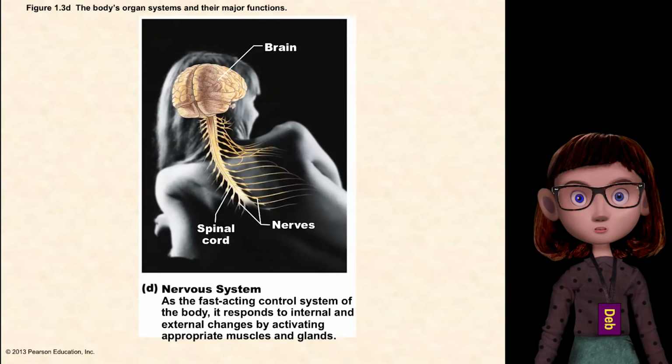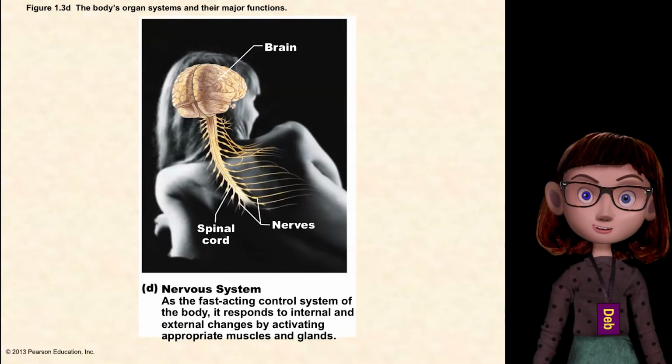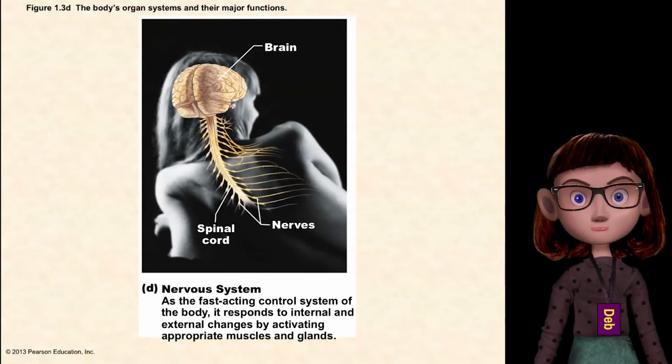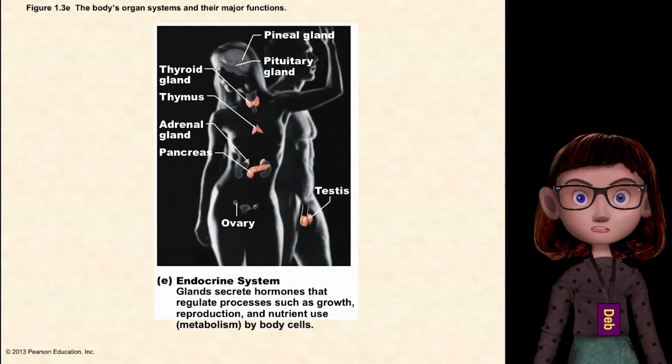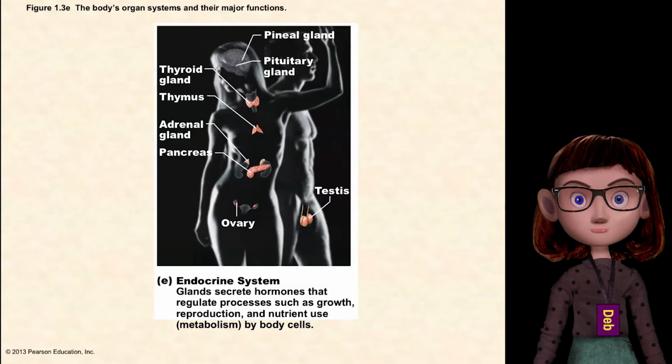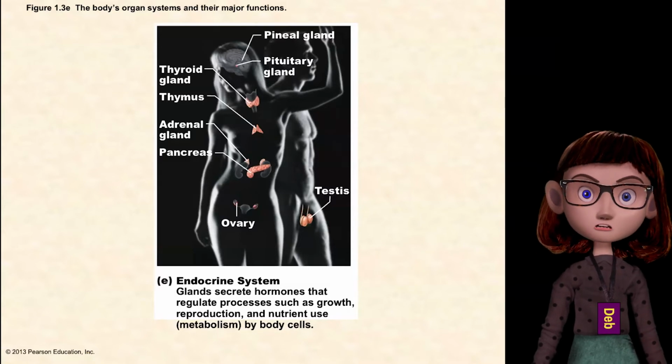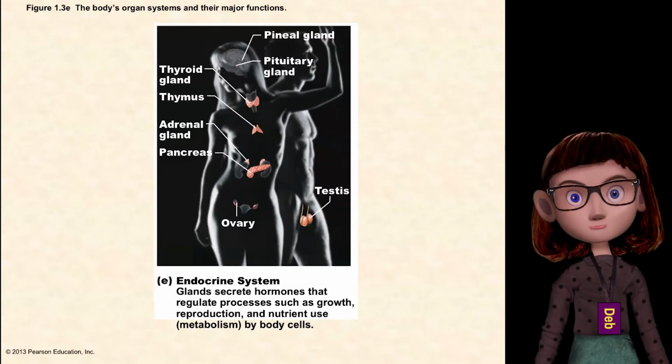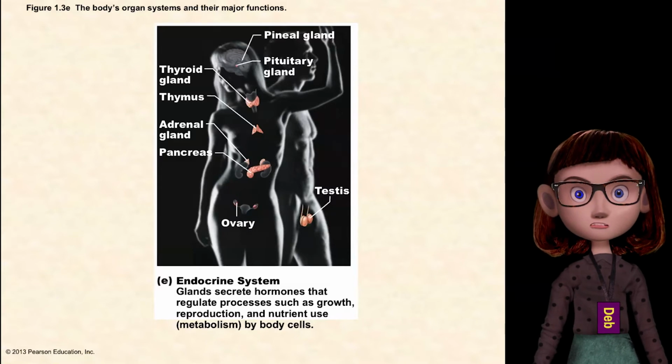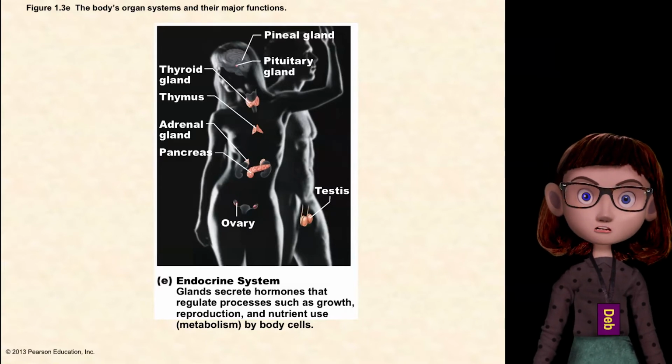This represents the nervous system, and of course we have a whole unit on the nervous system as well. The endocrine system is a very sophisticated system that includes all of your endocrine glands that secrete hormones, which by definition travel in the bloodstream and go everywhere in the body.